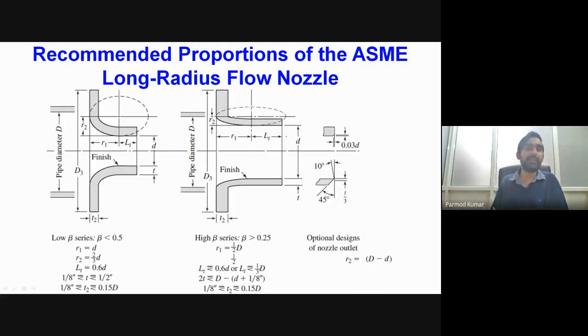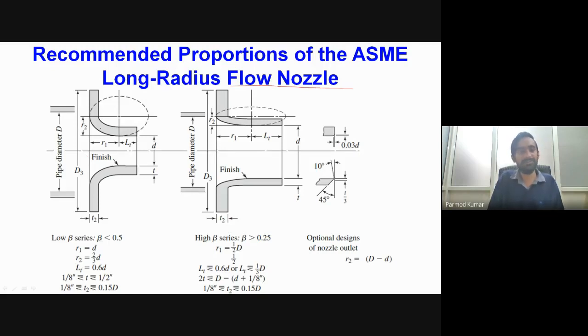Then we have another device which I have already told you about. This device is known as the flow nozzle. The flow nozzle comes in between the Venturi meter and the orifice meter. For flow nozzles also, we have some standards based on which we can design the different dimensions.